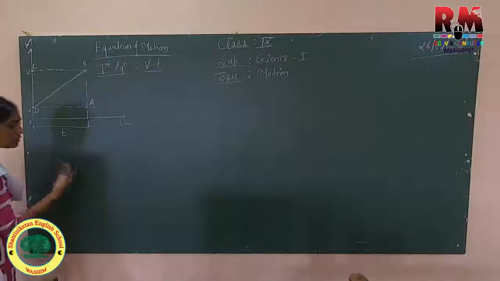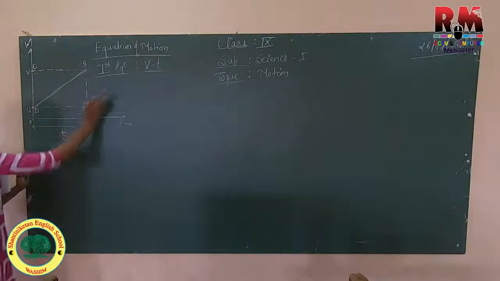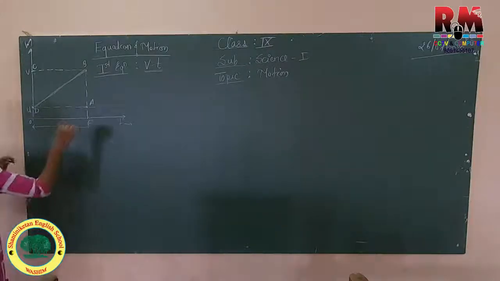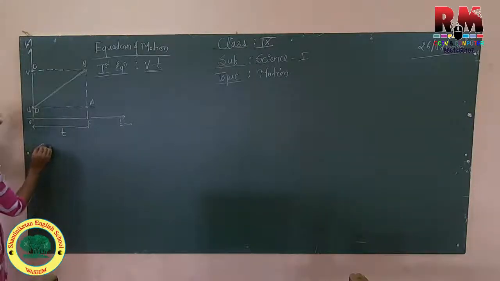Now let us write the given part before starting the velocity time graph. Let us take OD.